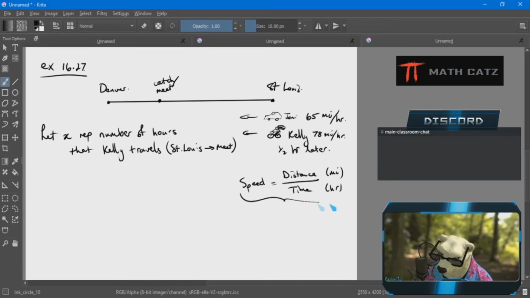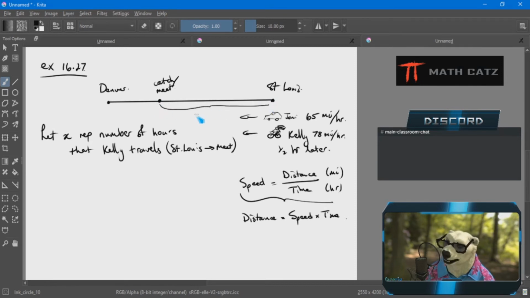If I multiply both sides by time, distance is calculated as speed times time. And the distance that they travel is the same. This is the same distance.